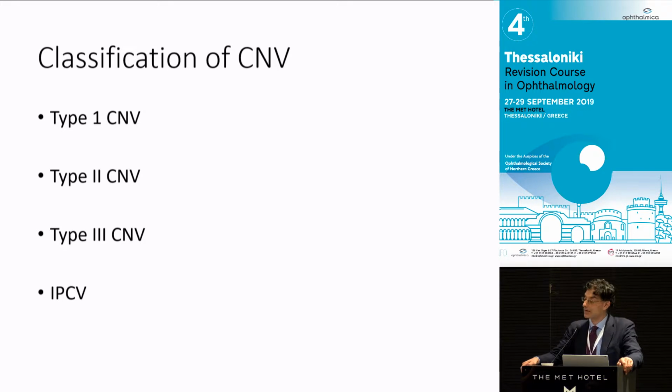And so this is an anatomic classification, type 1, type 2, type 3, and idiopathic polypoidal choroidal vasculopathy that can be also a form of type 1. I'm going to go through all of this in more detail.